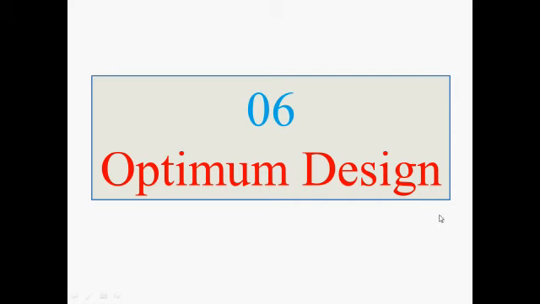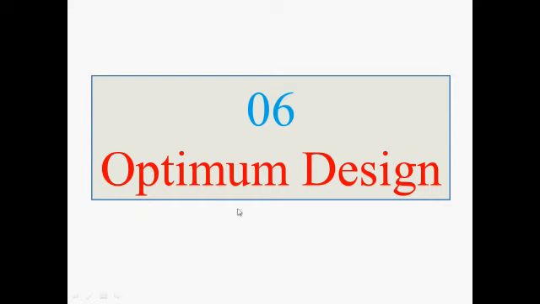So here the optimizing parameter is cost. Sometimes if you want to design the shaft for minimum weight, then we have to select such a material which will lead to the minimum weight of the shaft.